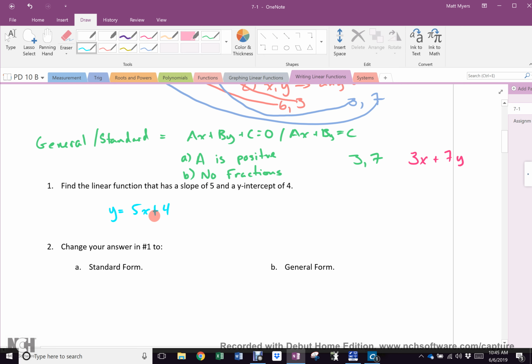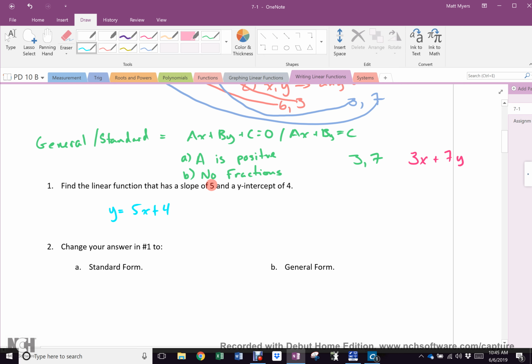Is that right? Is that a linear function that has that? Can I say it is the linear function that has that? It is the only linear function that will go through 4 with a slope of 5?